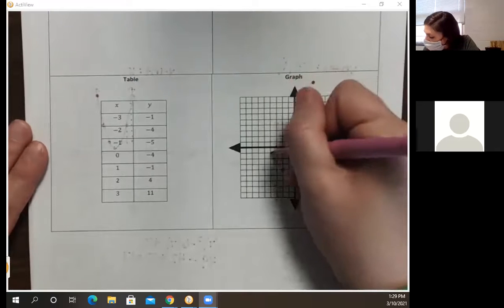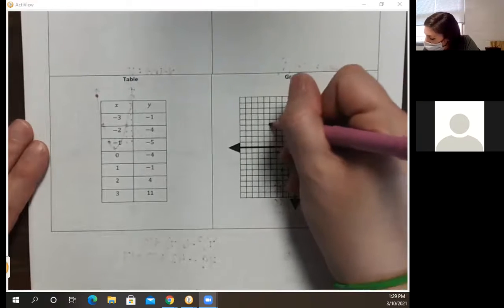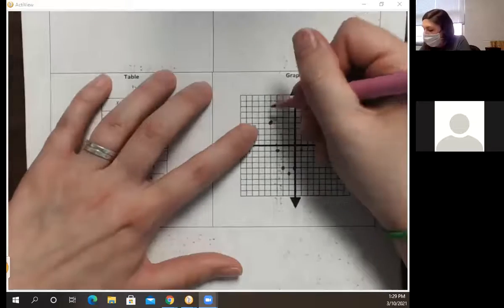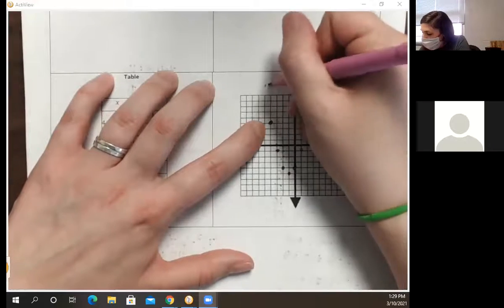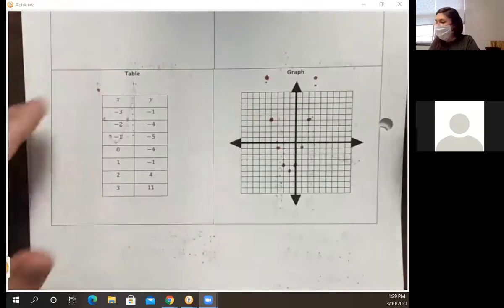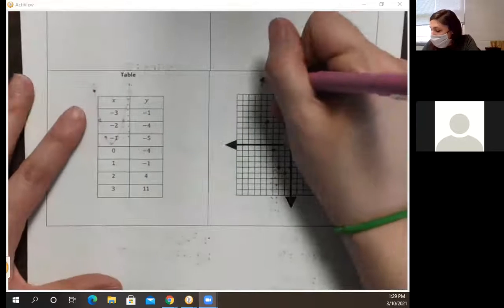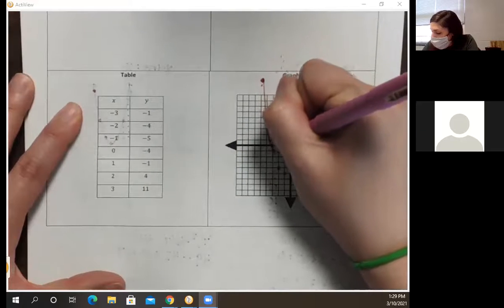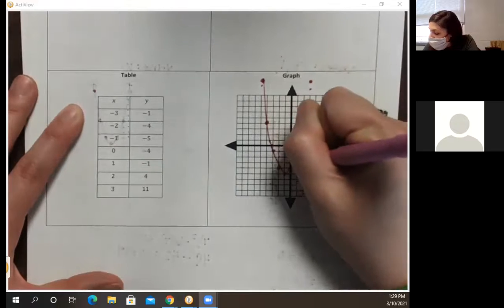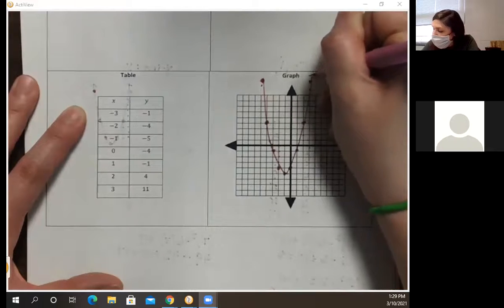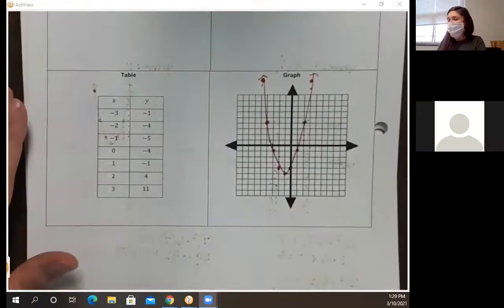So even though they didn't give me these points, I'm going to go ahead and fill in those symmetric points on the left-hand side. I really like when my graphs look symmetric with their points. You don't have to do that. I'm going to, because I like when I can see that symmetry through every point that I have here. There's my graph.